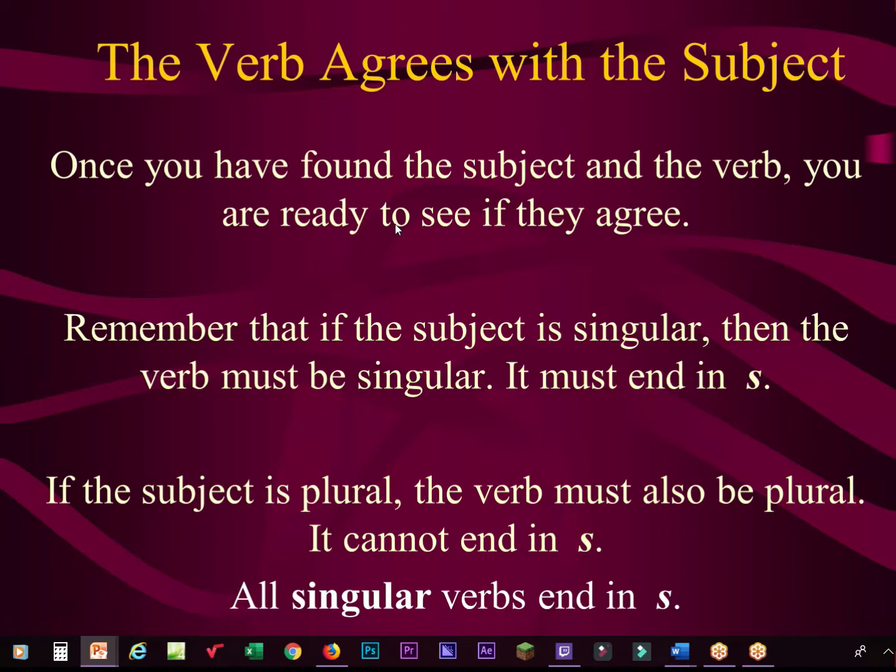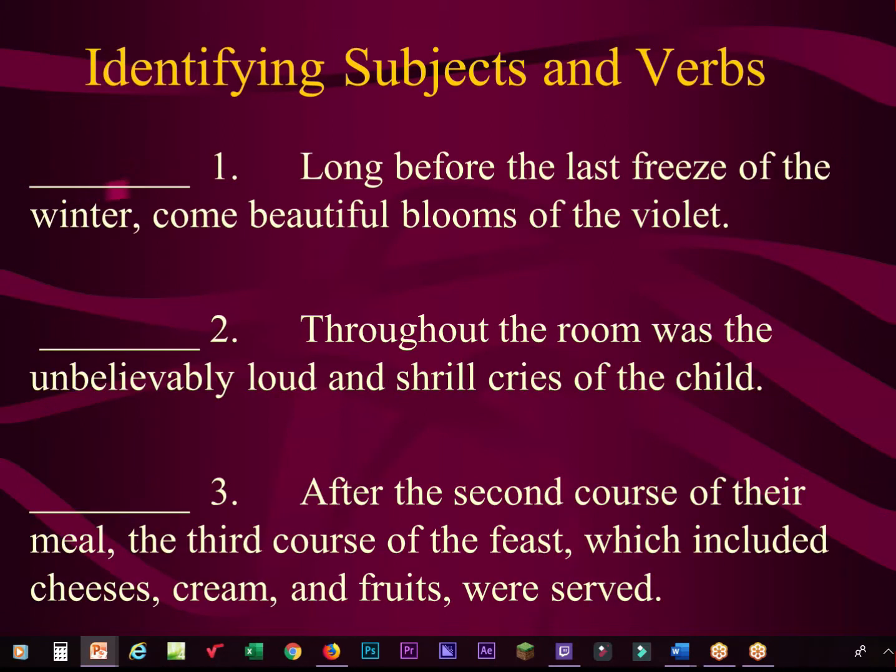And remember that your verb will end in S. If your subject is plural, then you have to have a plural verb in order for them to agree. And remember that since all singular verbs end in S, if your verb is plural, it won't have an S on it.